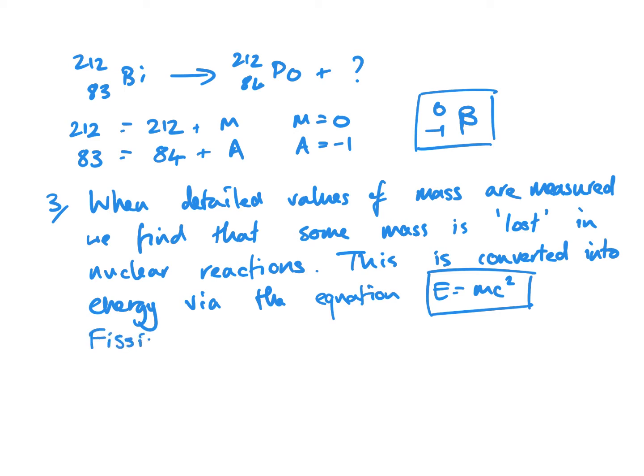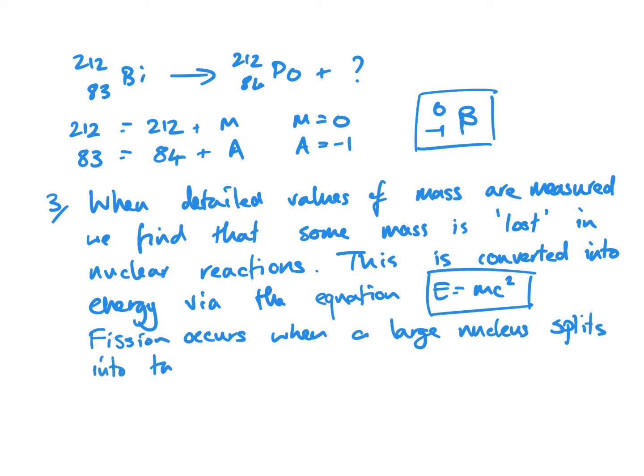So fission occurs when a large nucleus splits into two nuclei of smaller mass number.